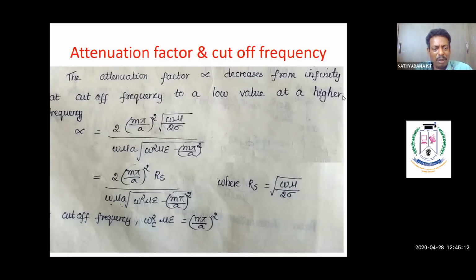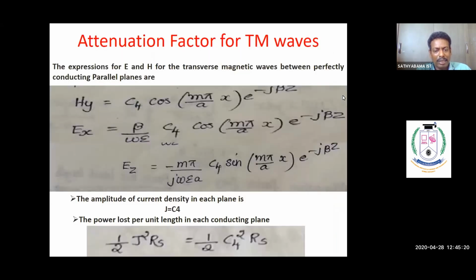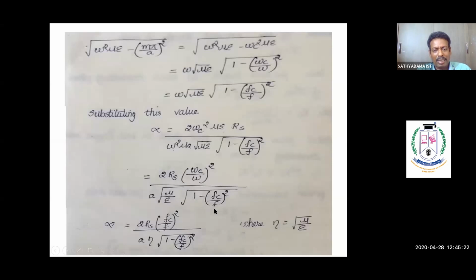So for TE mode, we can arrive at the cutoff frequency using this. Just simplify the following steps and you'll find out the cutoff frequency. Here, fc is the cutoff frequency of a particular waveguide, and f is the frequency. At any frequency, you can find the attenuation factor, and also solve for the cutoff frequency.